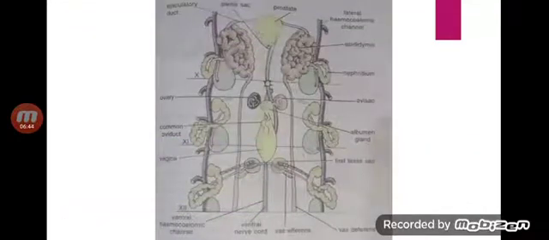In the diagram we can see a pair of ovisacs, a pair of oviducts, and a common oviduct and a vagina.